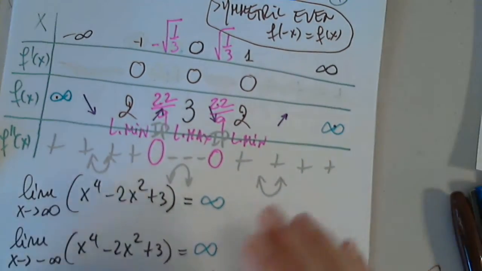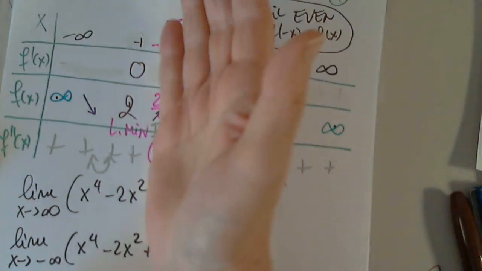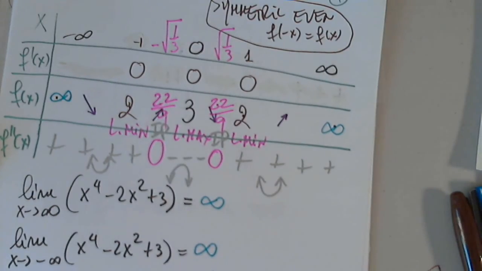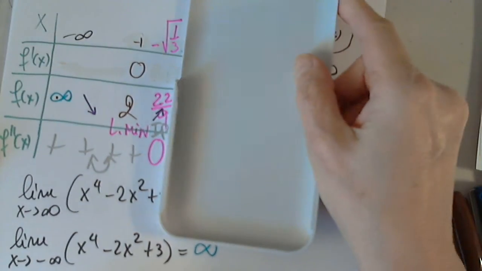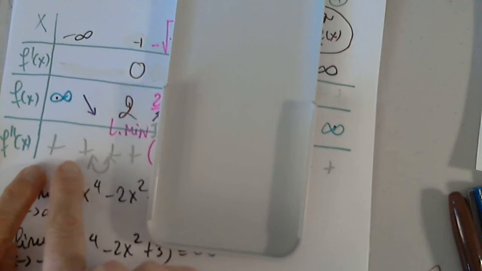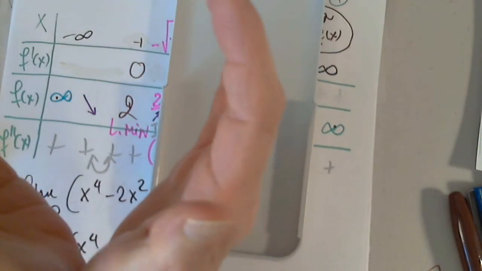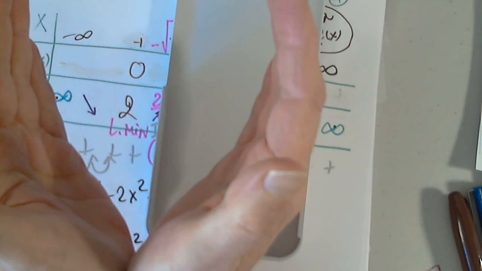Now, can I go back and fill in the sign of the first derivative? Yes, I can. And here is how I do it. Where the second derivative is positive, I know the function opens up.